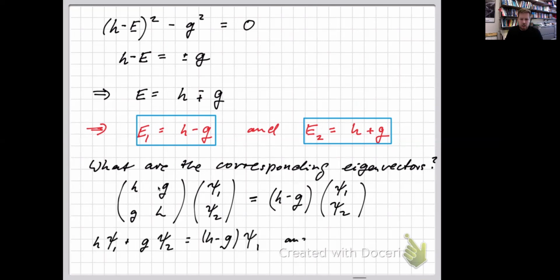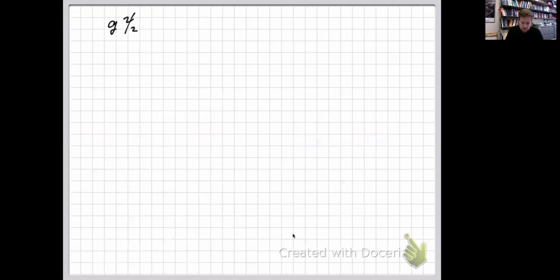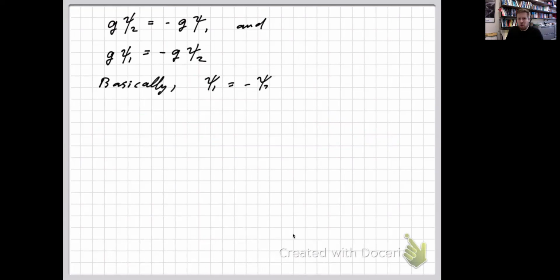The first line gives us H times psi1 plus G times psi2 equals (H minus G) times psi1. H times psi1 is on the left, but it is also on the right, so that cancels out, and I get G times psi2 equals minus G times psi1. If I cancel the G's, psi2 has to be minus psi1.